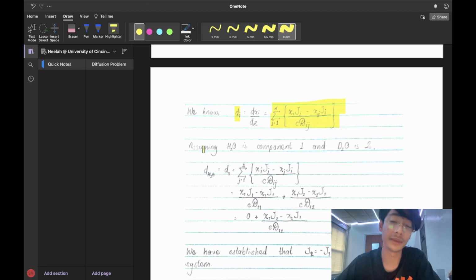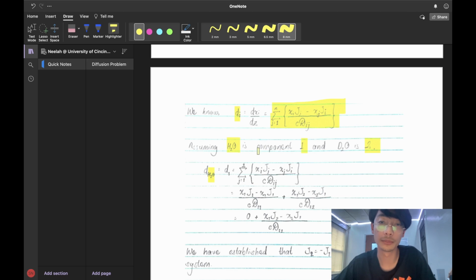In order to make the calculations easy, I'm just going to assume that H2O is component 1 and D2O is component 2. So let's calculate the driving force of H2O. This can be done using the driving force of D2O as well, because we'll find out that in the end both of the magnitudes will be the same. So for now, I'm just going to do it with H2O.